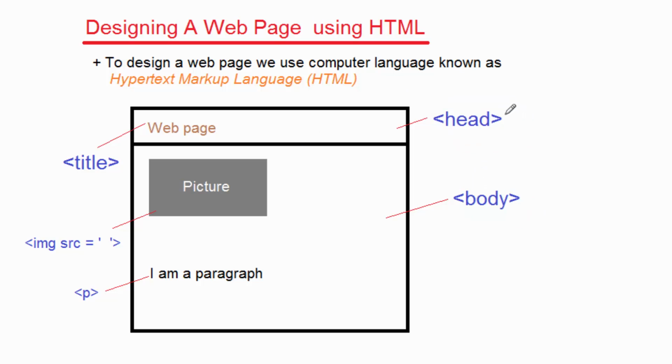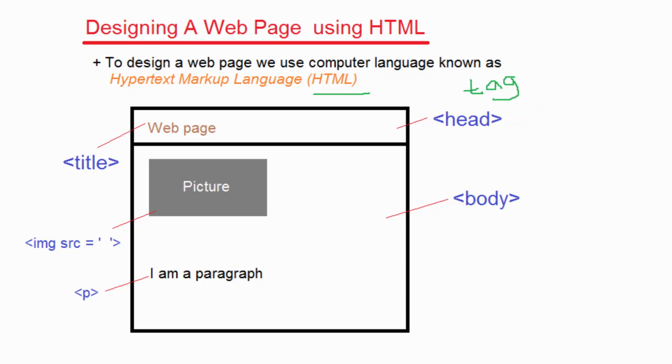Each piece of code in the HTML language is known as a tag. So in other words, any code enclosed in this bracket, and each single code enclosed in this bracket, we can say it is a tag.